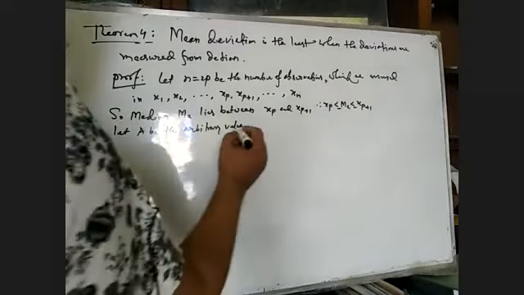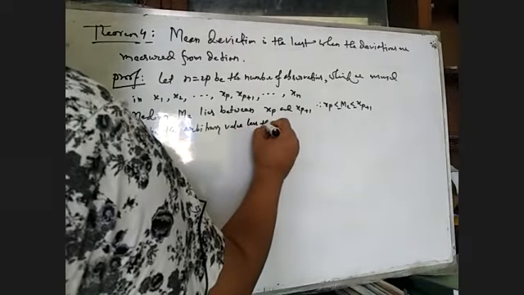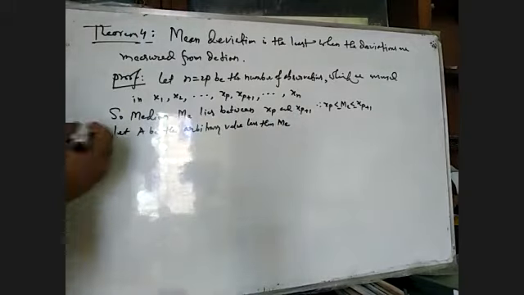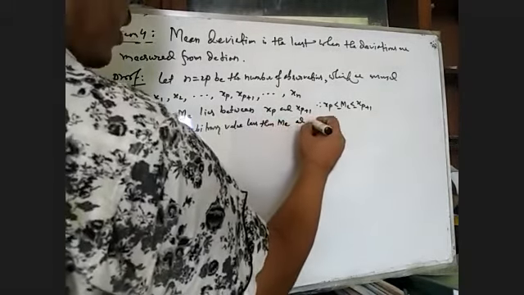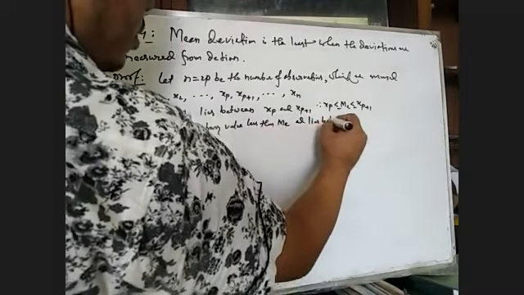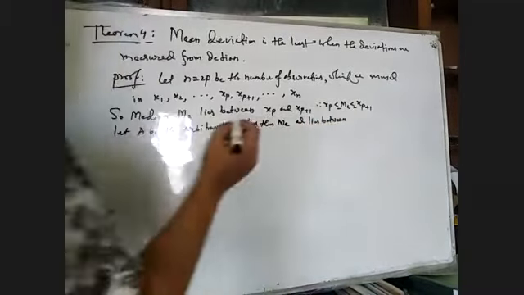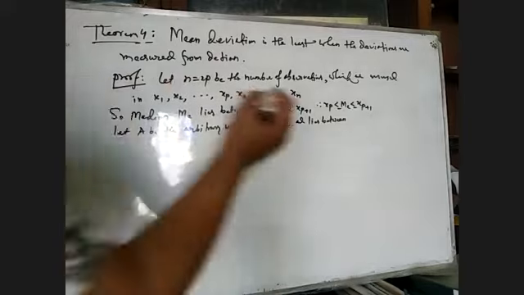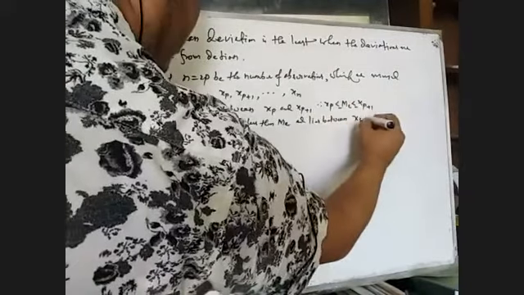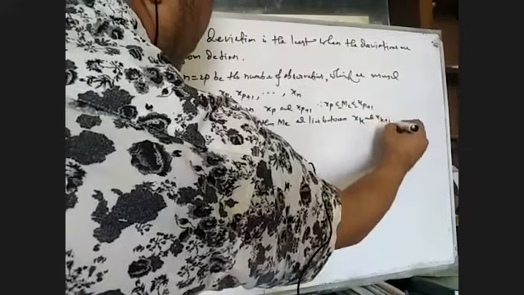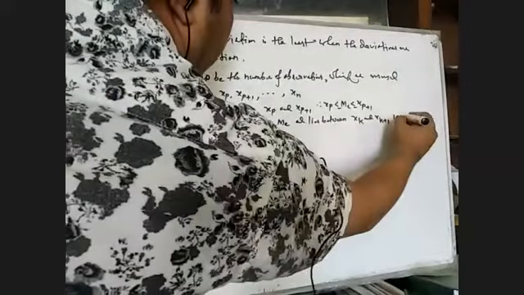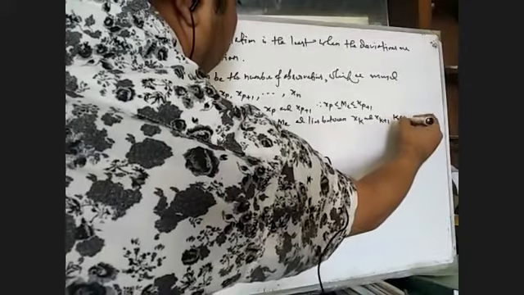A value less than the median and lies between xk and xk plus 1, where k is less than p.